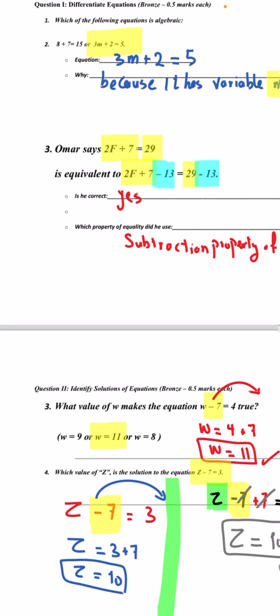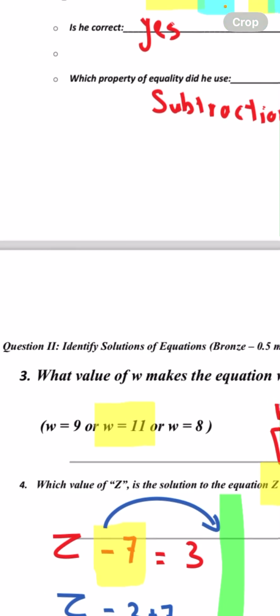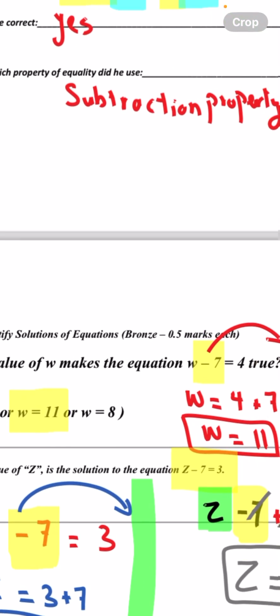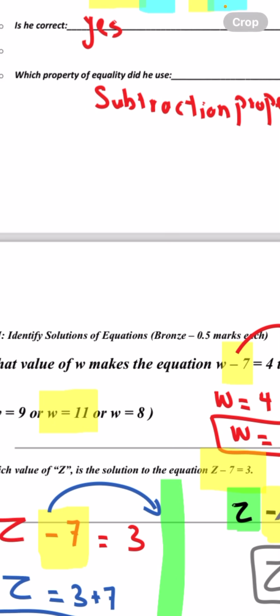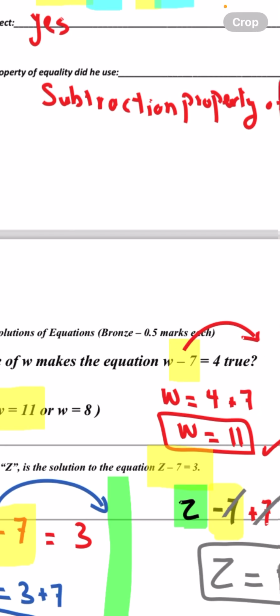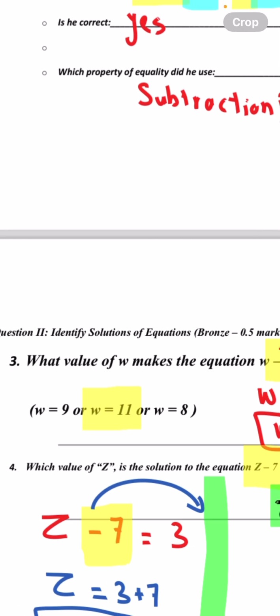Now in question number 3: what is the value of w that makes the equation w minus 7 equals 4 true? So in this equation he wants the value of w. As you can see, this is a subtraction equation, and in a subtraction equation we solve it by the inverse operation, which is addition.